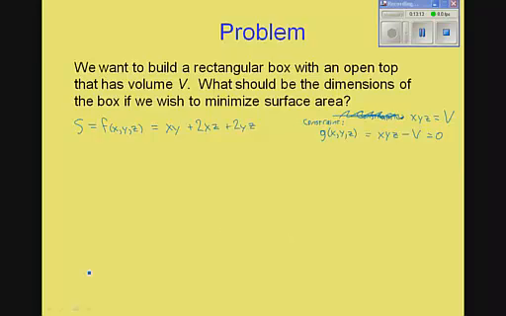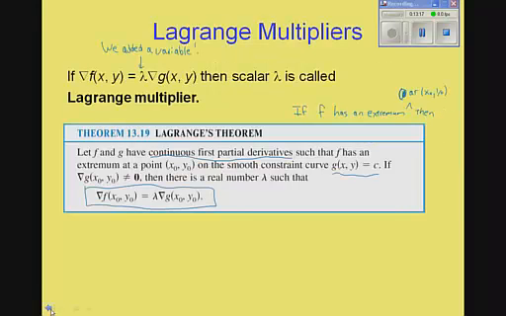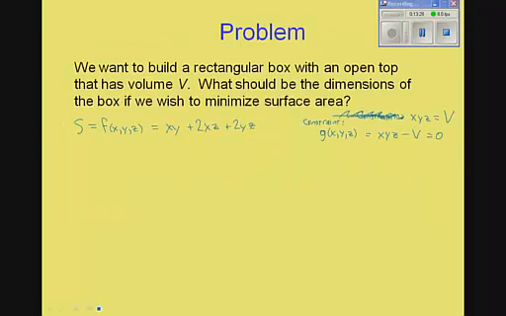And notice, I'm already kind of jumping the gun here because the theorem that we stated is for functions of 2 variables. But the problem that we're doing, because I'm not going to substitute, is actually for functions of 3 variables, isn't it? Now what we did the first time was we had x, y, and z, but we solved for z and we just dealt with functions of x and y. Here you're actually going to add an extra variable. It's kind of weird.